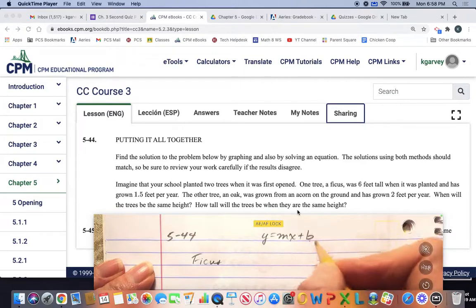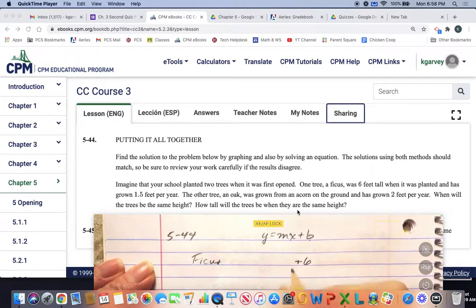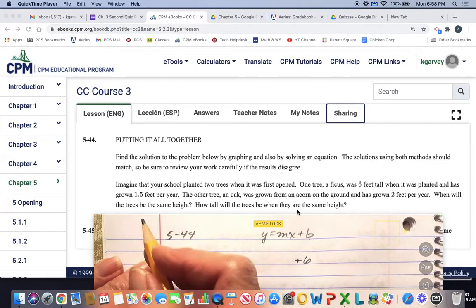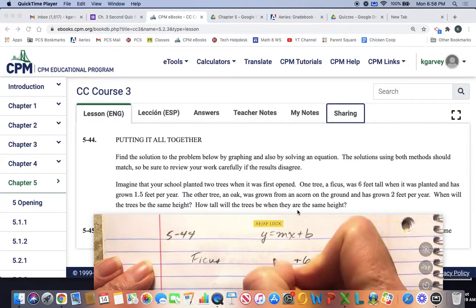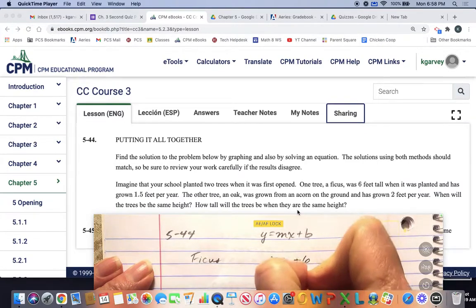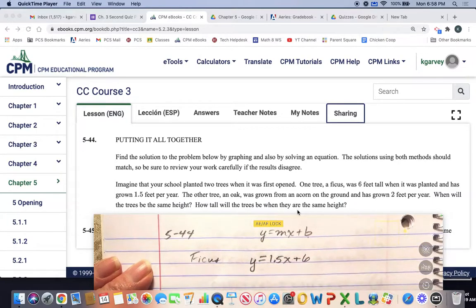So that will be our b, or where we started. And the growth each year is 1.5 feet per year. So we'll put the growth in front of the x, 1.5 times x. And then we just have to put y equals there.